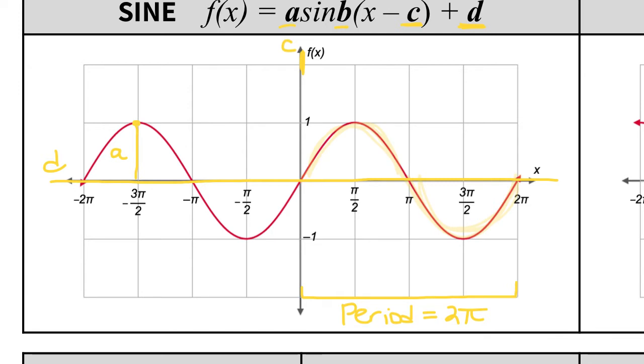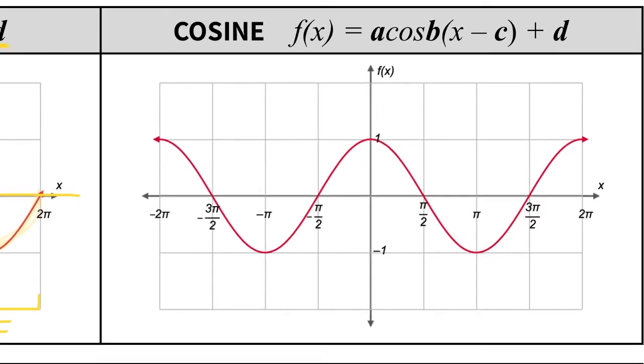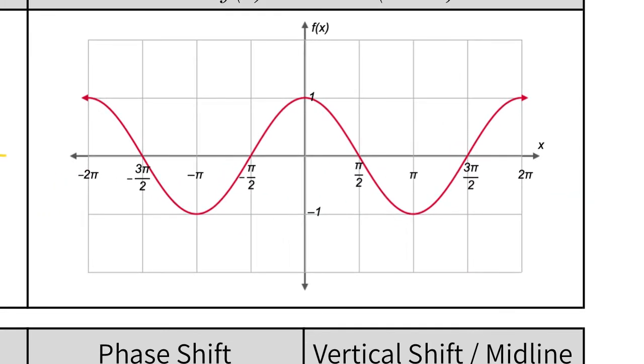Now, everything that I have labeled here also shows up on this graph of cosine. So just as before, the distance from the minimum to the middle is determined by A, that is the amplitude. One cycle of cosine starts at the maximum, goes all the way to the minimum, and then back to the maximum.